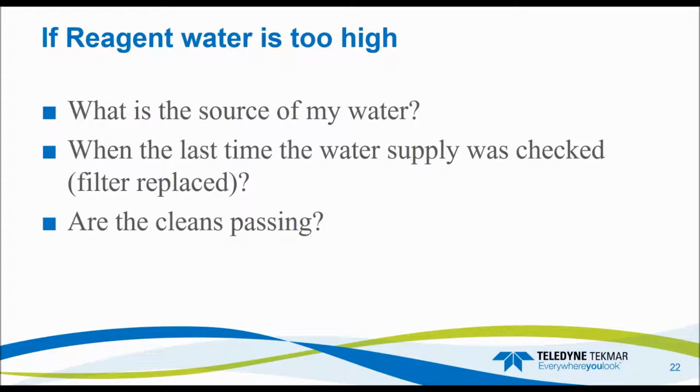But with that said, you've got to stay on top of keeping your filter replaced and all that kind of stuff. If you let it go, even a really great system, if you don't replace those filters or do preventative maintenance, your carbon will start to come up in it. So it's good to keep an eye on it. And then also check and make sure the cleans are passing. The cleans would help show if there's contamination or carbon in the liquid sample pathway of your system.